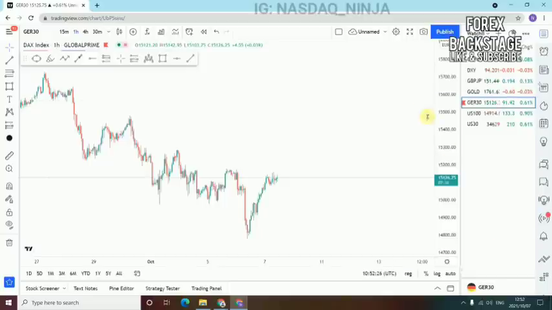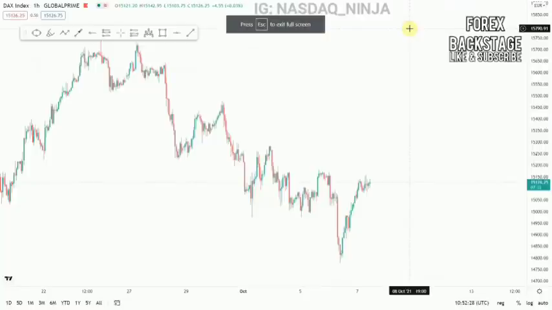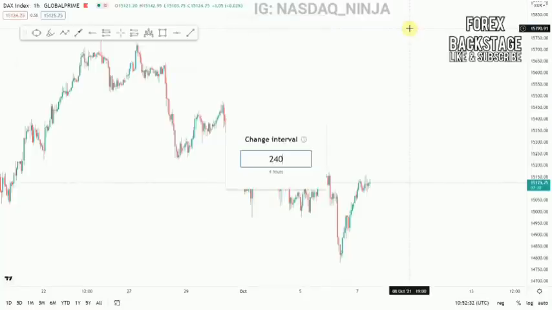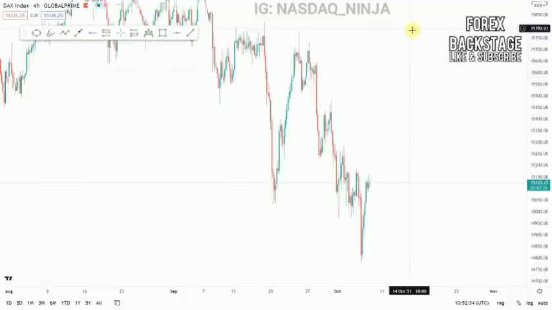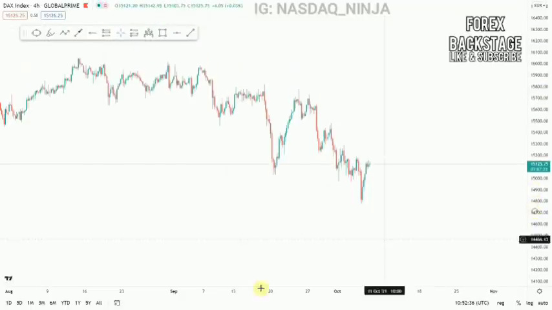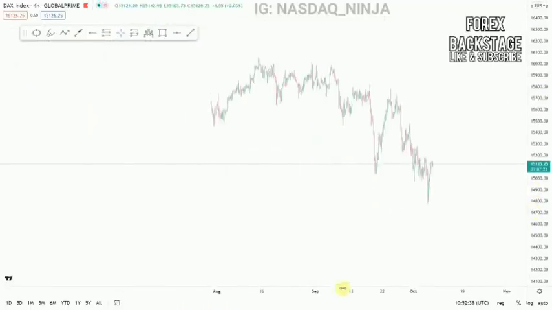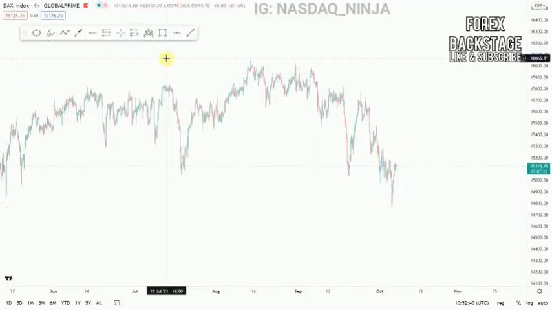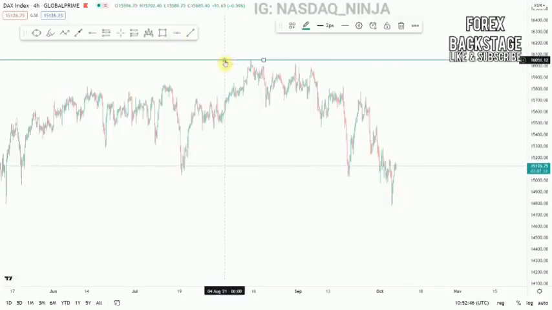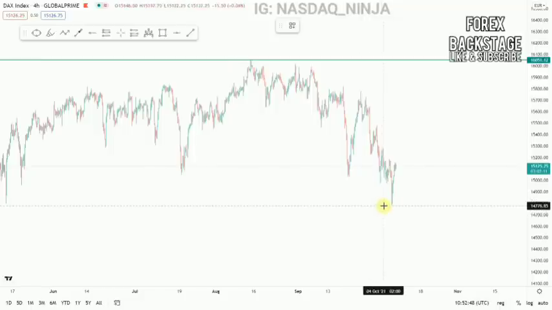So let's start. When I analyze the chart, guys, I always tell you that I start from an H4 time frame. So what I do is that I unzoom the chart, and then I'm gonna go for my highest point first, and then I'm gonna go for my current lowest point.